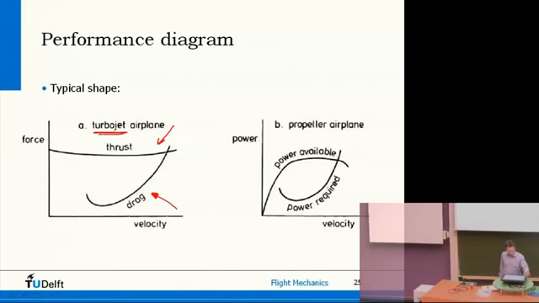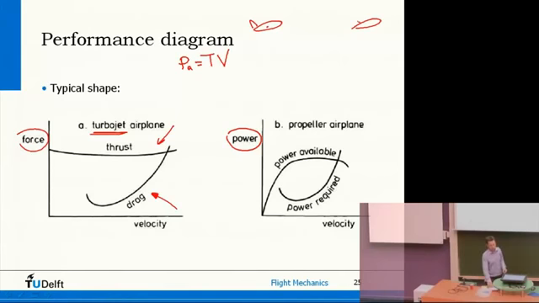Now, here I have force. You could also decide to draw it as a function of power. So you may remember from the previous lecture that power available, so basically the power you need to fly from A to B, power available was the thrust multiplied with the velocity.